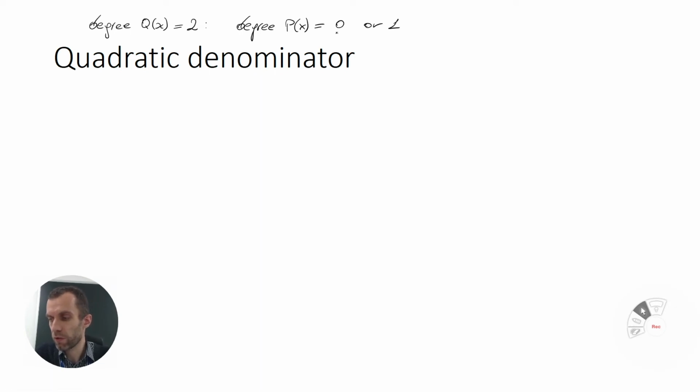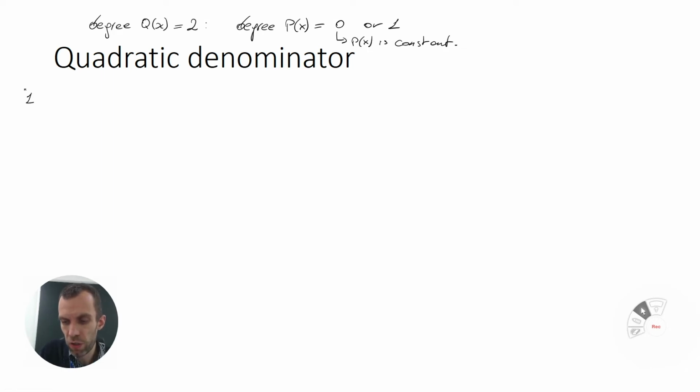And of course, if the degree is 0, then p of x is just a constant. So let's look at a couple of standard cases, and at the end you'll see that any arbitrary case can be reduced to one of these standard cases by doing a substitution or by completing the square.